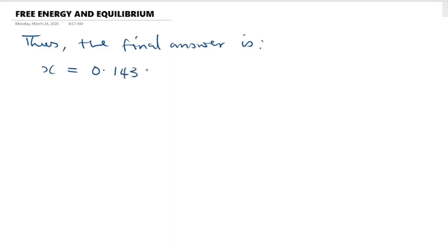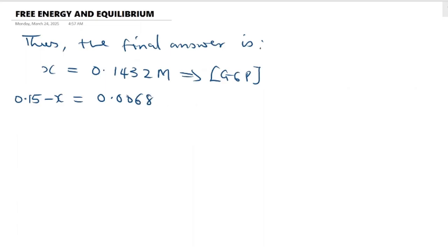Thus, the final answer for the equilibrium problem is X is equal to 0.1432 molar, and that implies the concentration of glucose 6-phosphate, and 0.15 minus X, which is your reactant, is equal to 0.0068 molar, and that's for the concentration of glucose 1-phosphate.